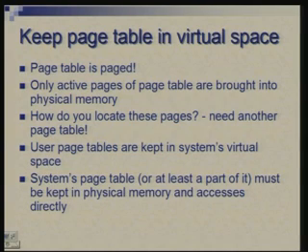What is done is that we can keep user page tables in system virtual space. You have many user processes, and you have a system process. So, the system is also assigned a virtual space. Let us keep the user page table in system virtual space, and we can also ensure that the system's page table, or at least some part of it, is always there in the physical memory.